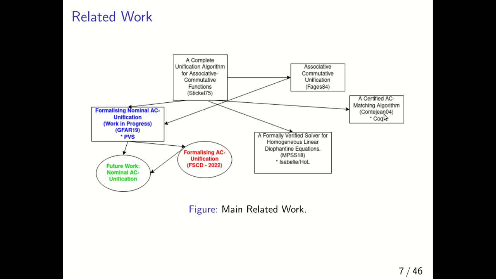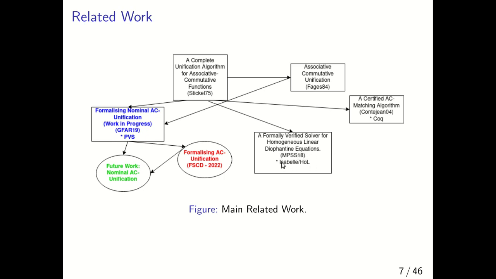Evelyne Contejean in 2004 formalized a certified AC matching algorithm, and she did it using the proof assistant Coq. As we will see, the problem of AC unification is connected with solving homogeneous linear Diophantine equations. So this paper here is also related work, a formally verified solver for homogeneous linear Diophantine equations.